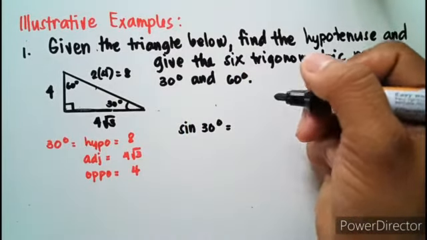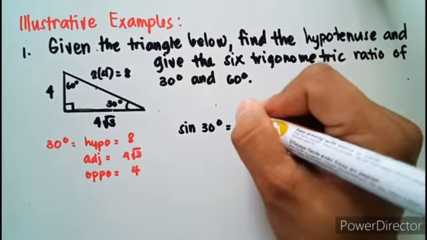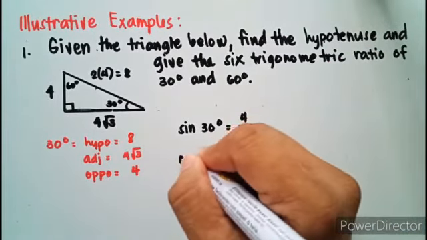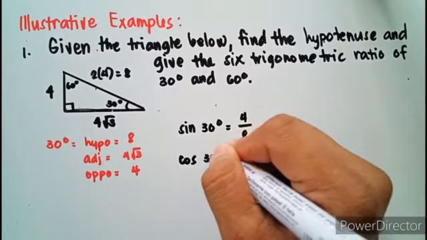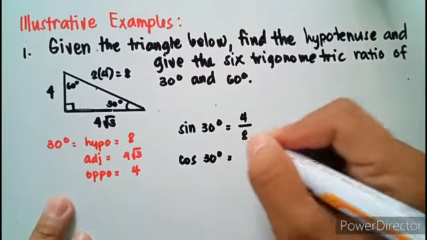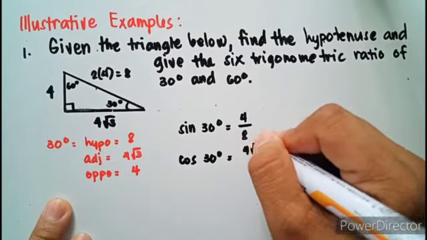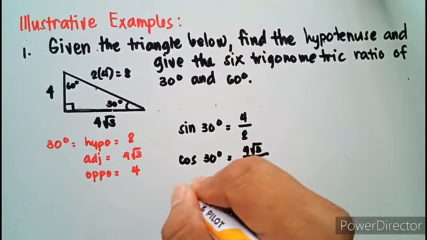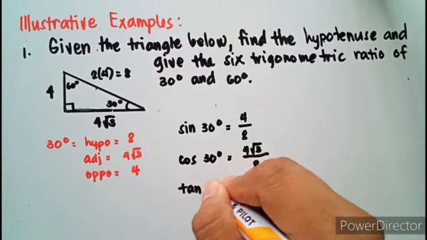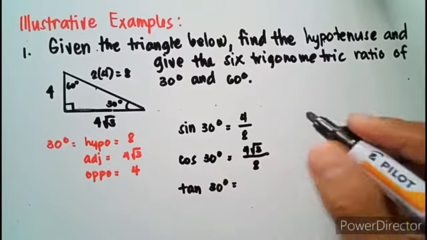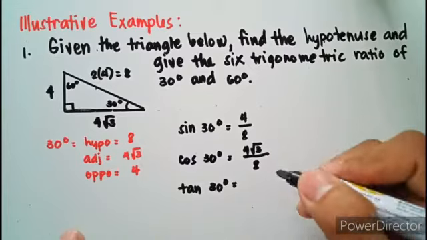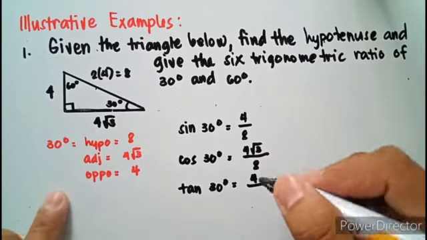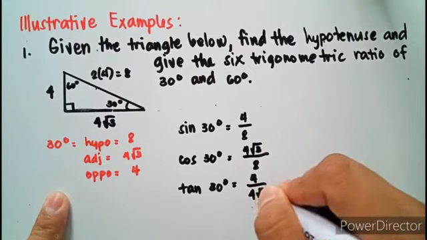Sine is opposite, which is 4, over the hypotenuse, 8. Then, cosine 30 degrees: adjacent, that is 4 square root of 3, over 8.